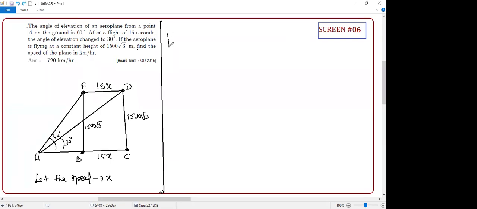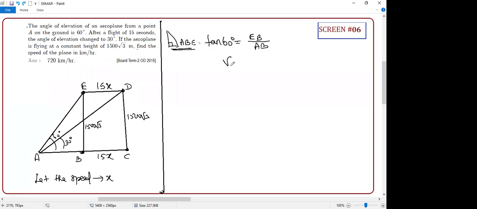So now, first triangle, what? ABE. Tan in ABE, which angle, 30 or 60? 60. Opposite is what? EB. Adjacent is what? AB. So now tell me tan 60 equal to what?